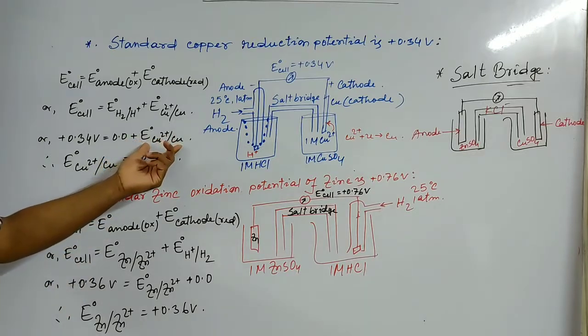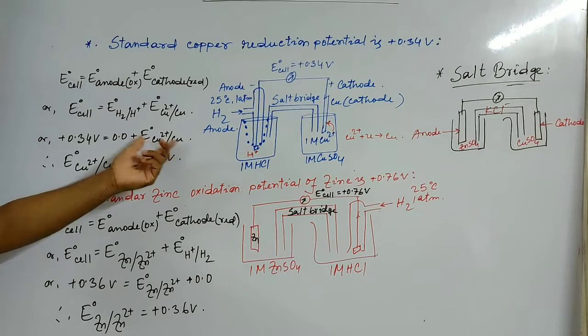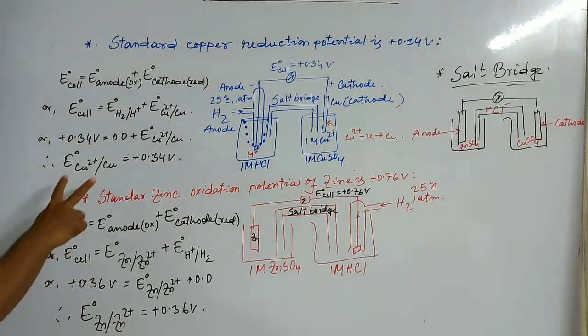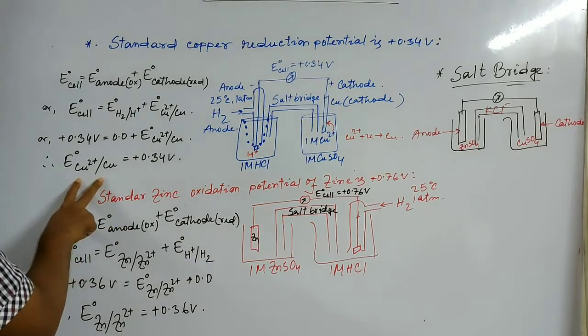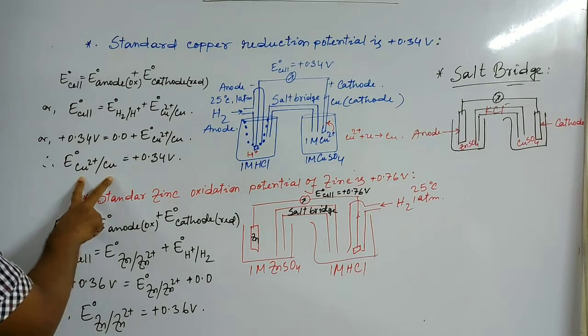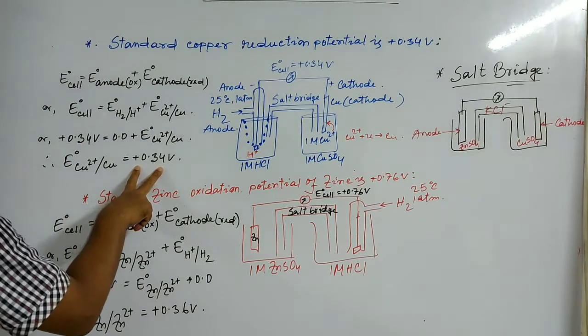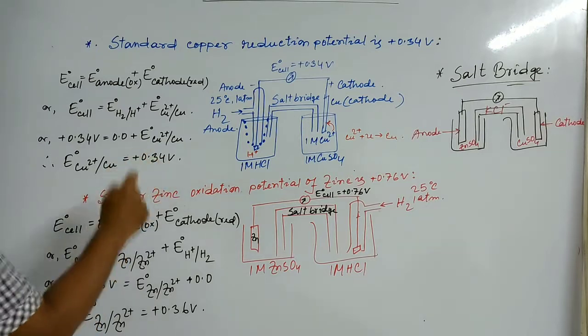The standard reduction potential of copper, 0.34 volt, is written at the right side. So I can say the standard reduction potential, because it exists in the reduction mode. So I can say the standard reduction potential of copper is plus 0.34 volt.